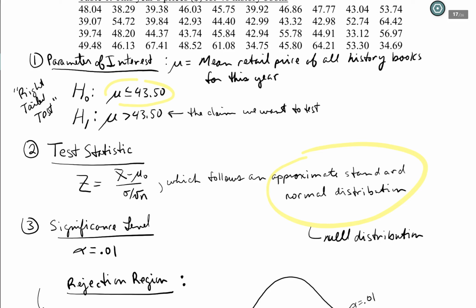So I really have a lot of different values of mu that I could choose under the null. The best strategy though is to choose the one that will yield a most powerful test, and the one that will do that is the value that's closest to the threshold. That is, it's the value at 43.50.